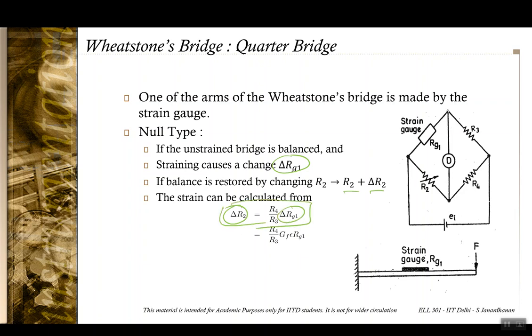Our delta Rg1 is related to the strain epsilon by this relationship, from which you can backtrack and find the expression of the strain to be delta R2 by GF times R2.